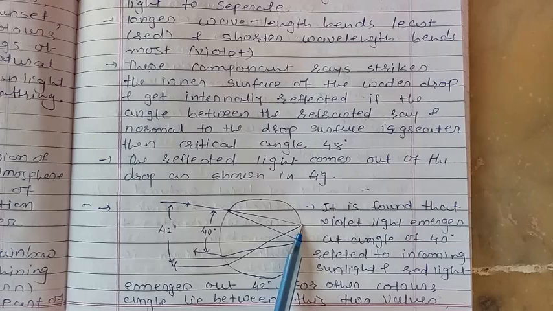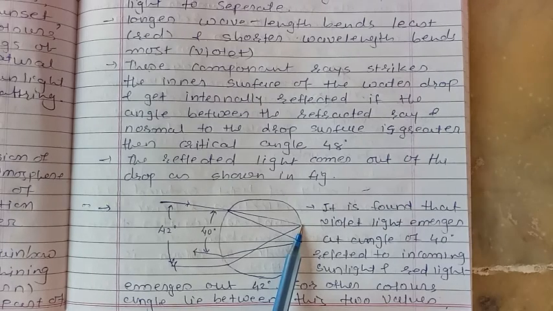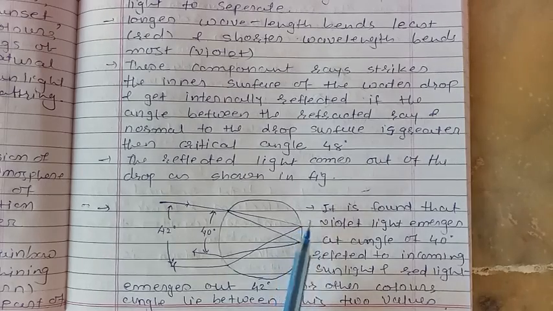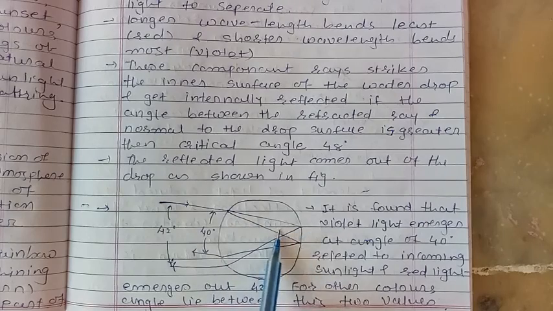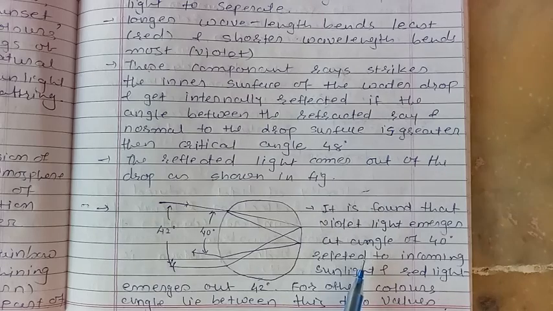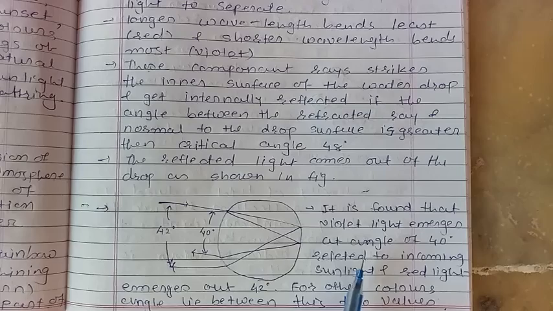Now we already know that you have to remember, if the angle of incidence is greater than the critical angle, then total internal reflection occurs, right? So here the angle between the refracted ray and the normal to the drop surface is greater than the critical angle.